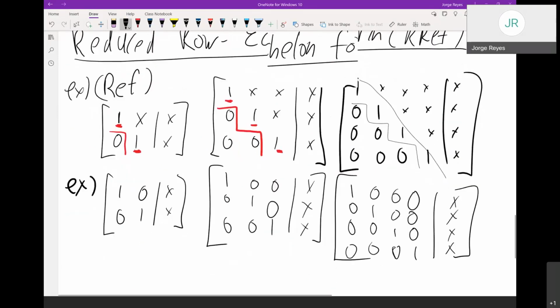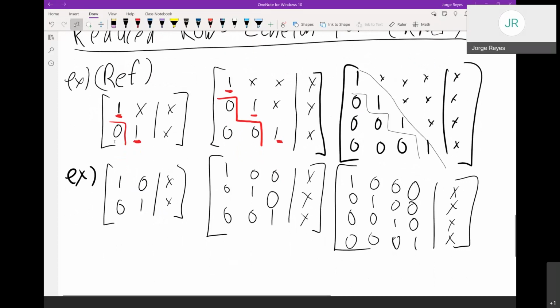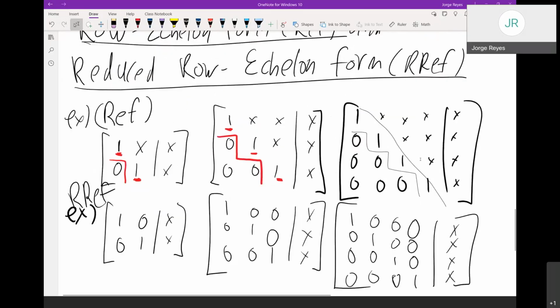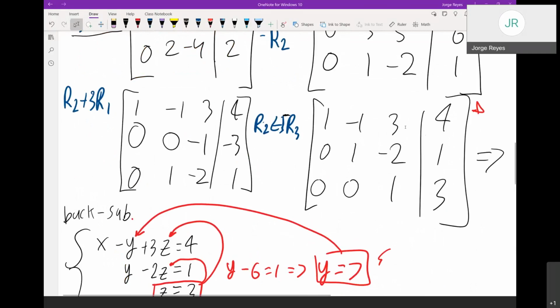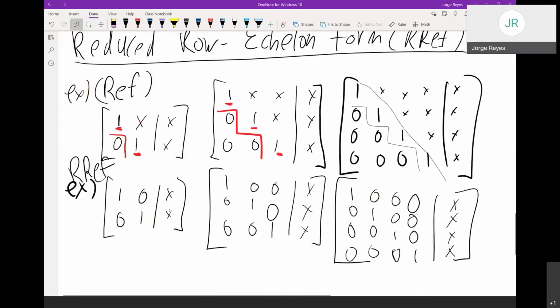The difference is that in reduced row echelon form, now you have zeros on the bottom and the top, whereas here, the top didn't matter. I just put x's here because it could be literally any number. Like here, it was -1, 3, -2. I didn't care what they were. In reduced row echelon form, your goal is to make these zeros also.